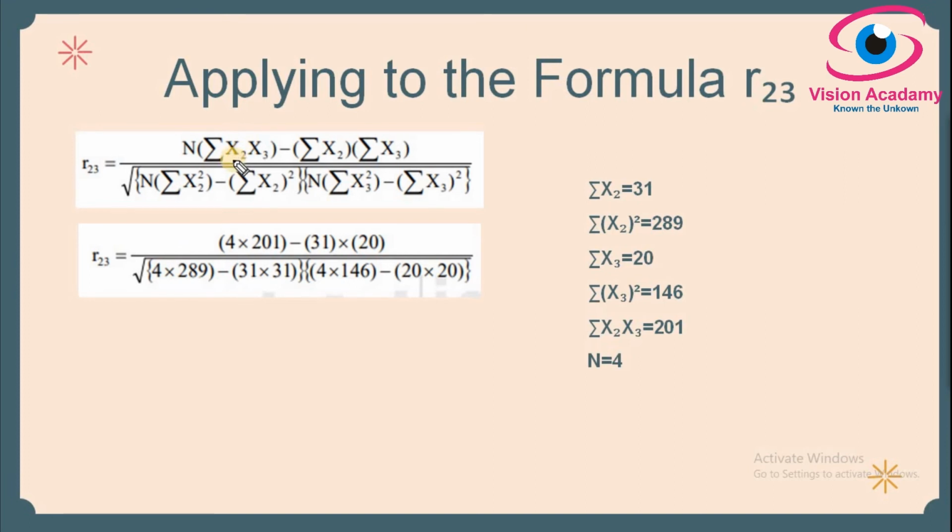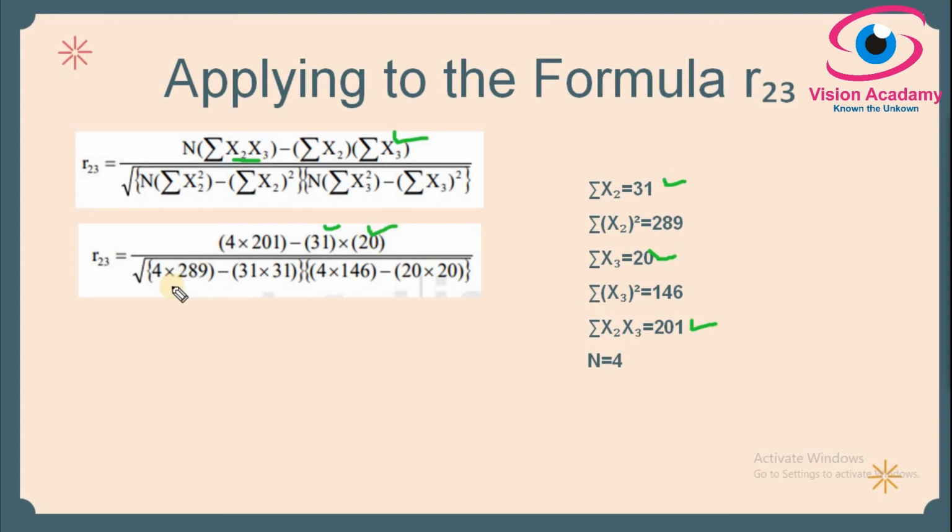Summation x2x3 is 201. Summation x2 is 31 here. Summation x3 is 20. We obtained this from the table.